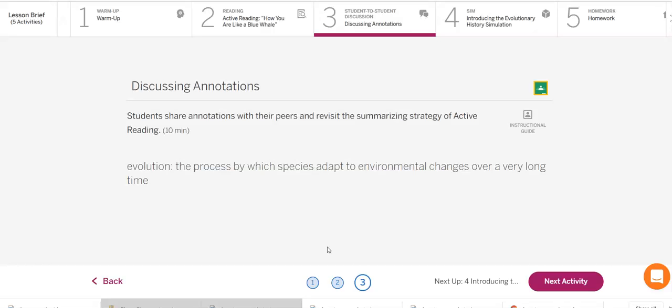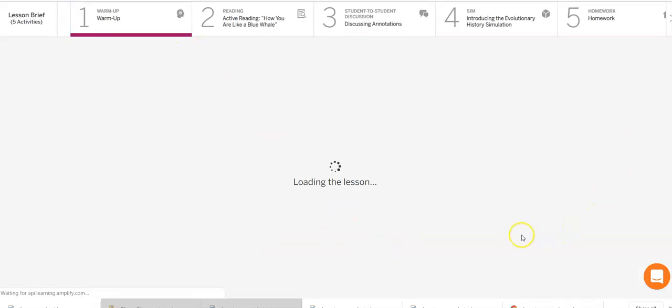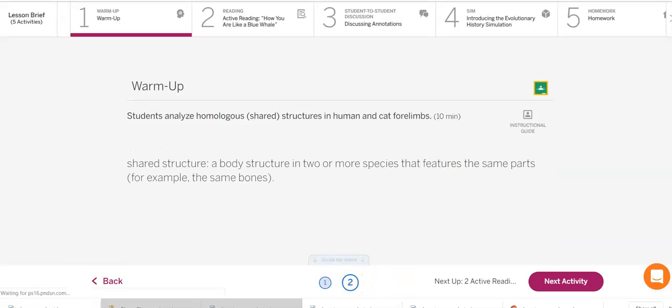That would be the process by which species adapt to the environmental changes. Now, if those grasshoppers were in the rainforest, it'd be totally different, right? Because there's more green than there is tan.